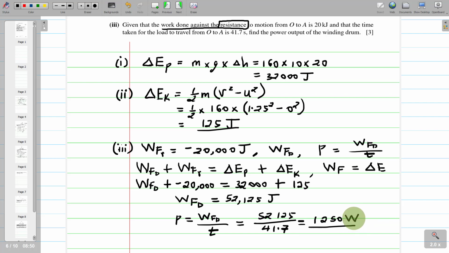That will be the output power of the winding drum. And that is how question 3 is worked out. Let's go to question 4.